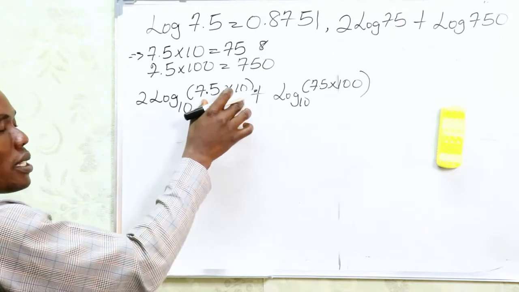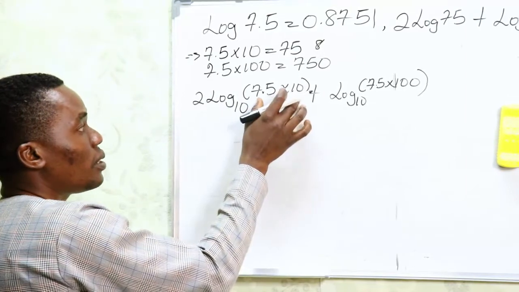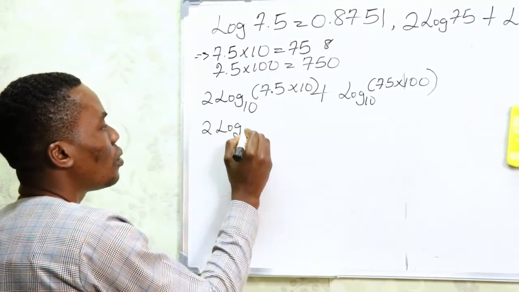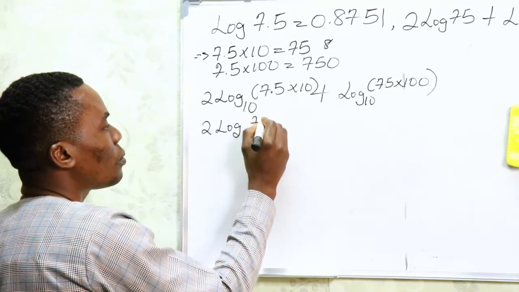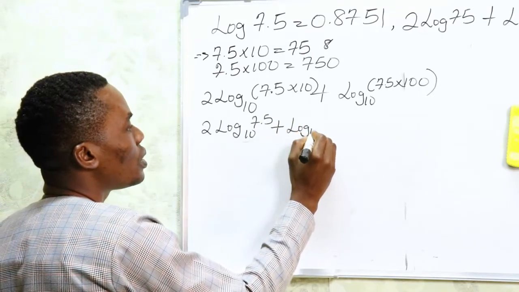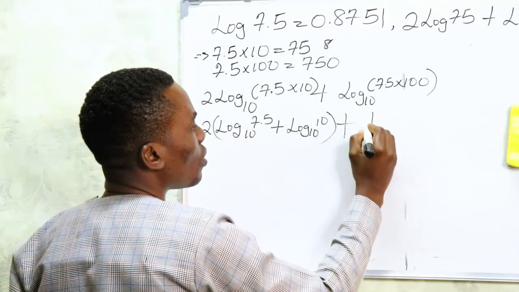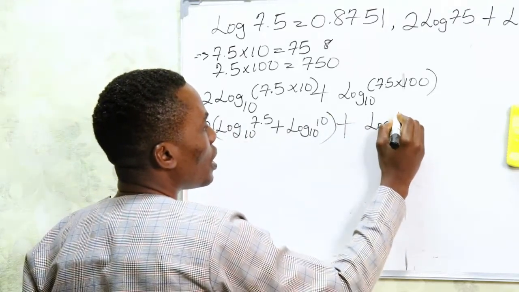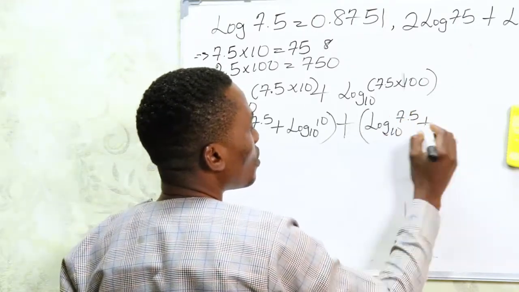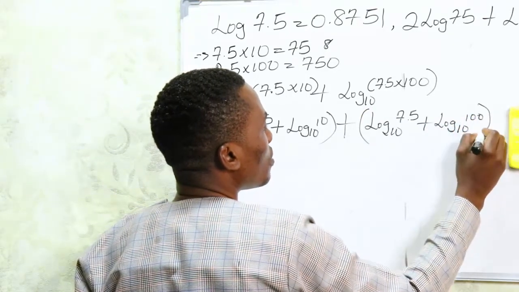Now if we break this part, remember the first product law of logarithm. We'll have 2 log base 10 of 7.5 plus log of 10 base 10, plus log base 10 of 7.5 plus log base 10 of 100.